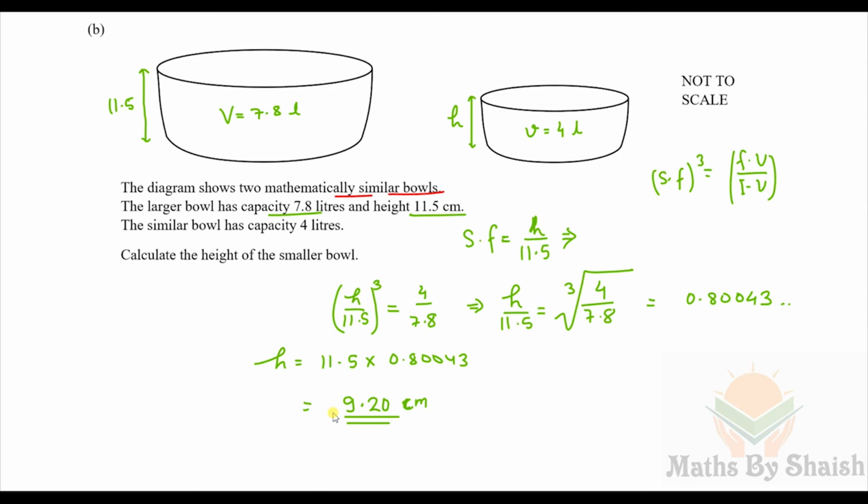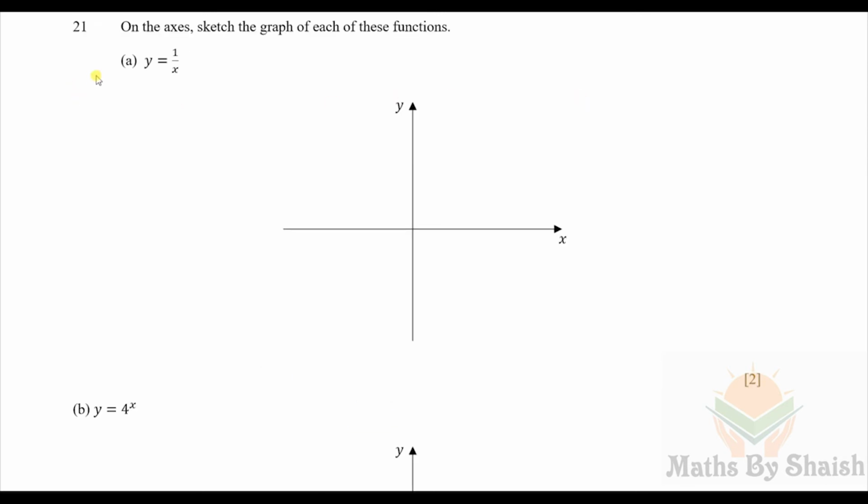Now here's question number 21. On the axis, sketch the graph of each of these functions. y equals 1 upon x. It's an inverse function. So we need to get some values by which we can decide the nature of the graph.